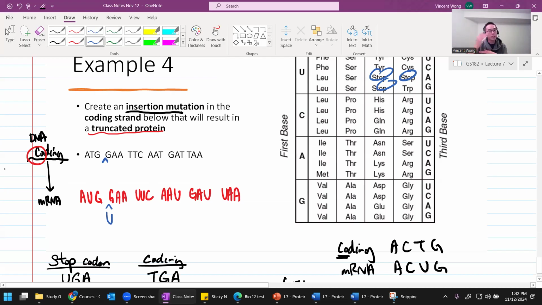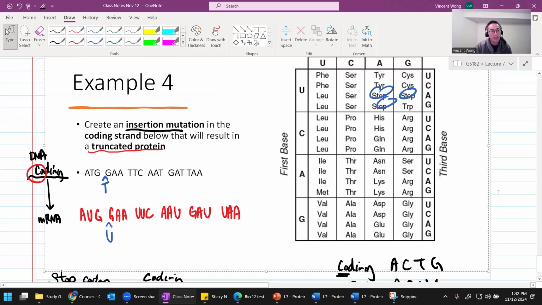We do not have to do the base pairing rule. So it wouldn't be an A, it would be just T. If this was a template strand, then it would have been an A, because the template strand and mRNA are complementary to each other. Is that okay? Yep. All right.